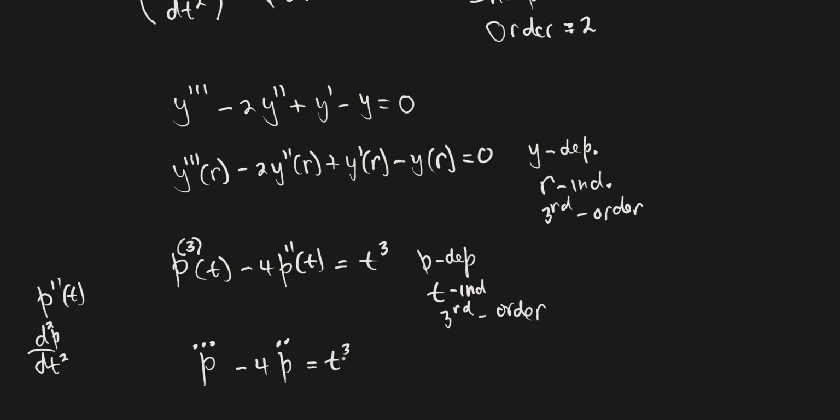And even if, for instance, there wasn't a t in here, if this were just, let's say, 0, then the use of the dot notation implies that the independent variable is t. So anytime you see a dot above a variable like this, it indicates a derivative with respect to t. And the number of dots would represent the order, right?